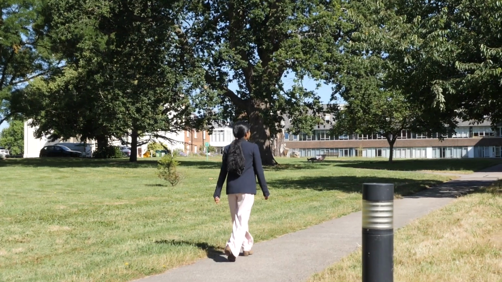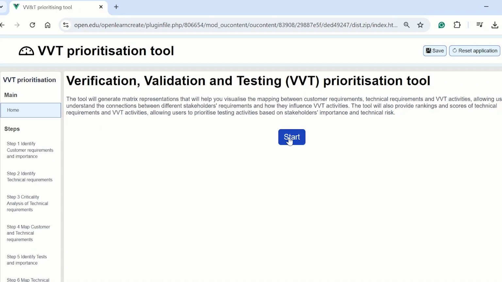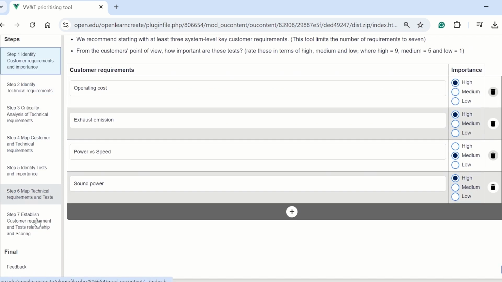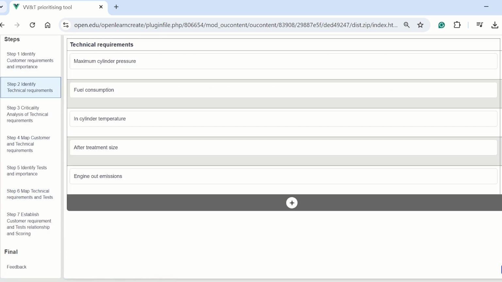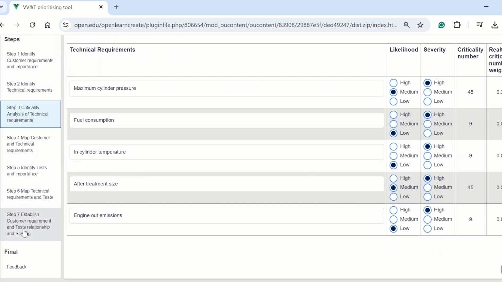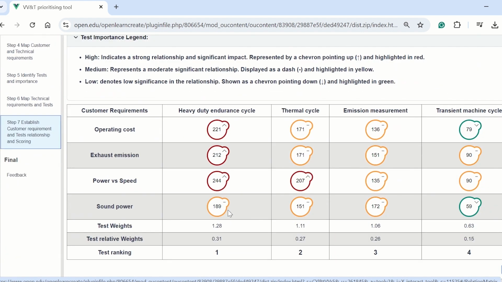We developed a tool which focuses on not only the FMEA, failure mode effect analysis, but it does the pre-work of mapping customer requirements, voice of customer, voice of regulation, and then how that maps to the product's requirement. And then through FMEA, we identify the risk.